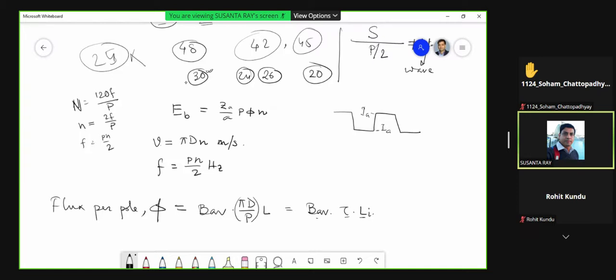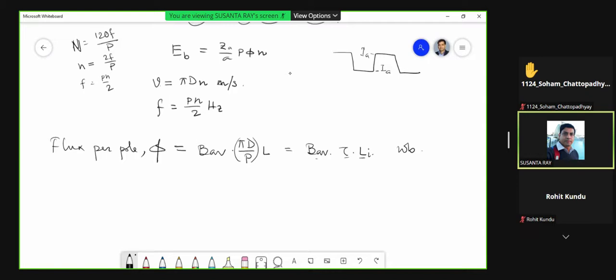Okay, and find out the flux per pole, brother, in Weber. Have you understood this point or not?